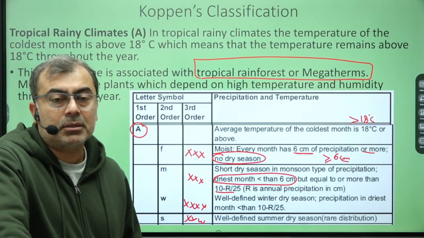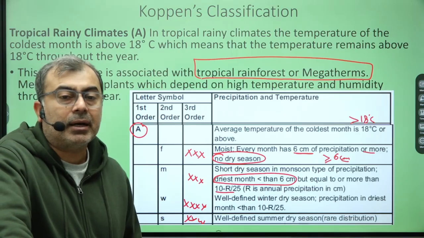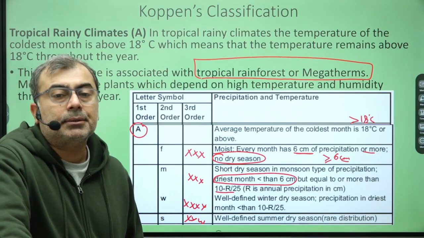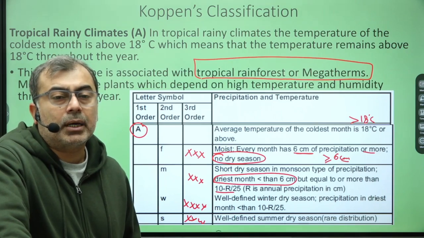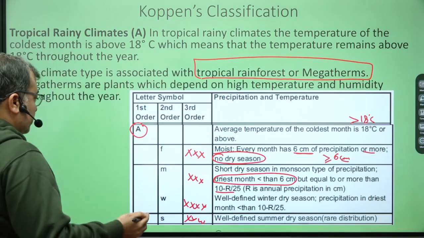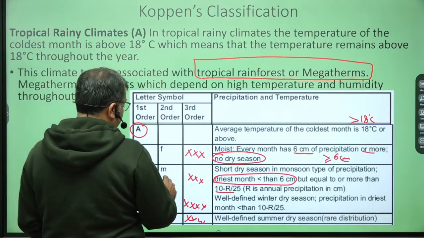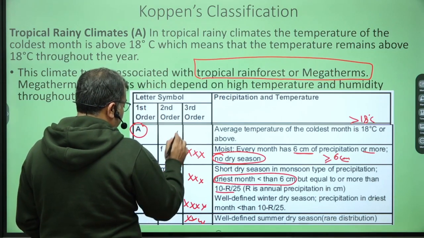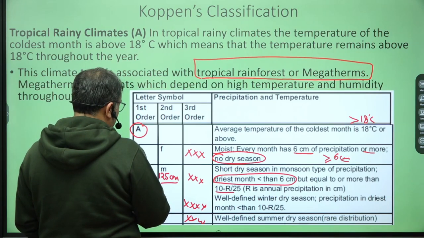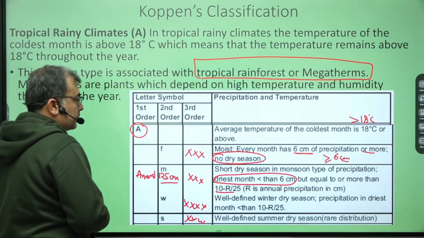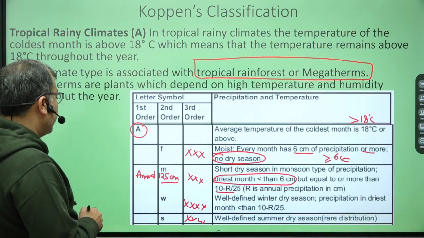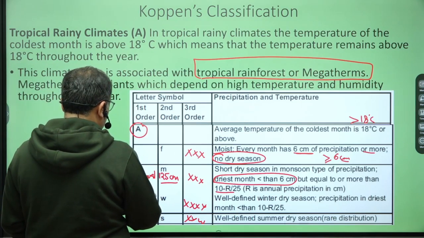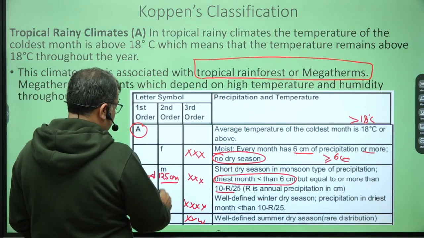So say for example, I have a rainfall of 125 centimeters. Everyone, please solve the numericals. 125 centimeter is my annual rainfall. Okay? And my driest month is less than 6, suppose it is 5 centimeter.